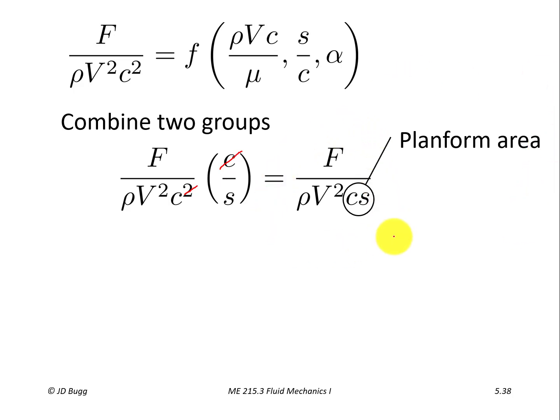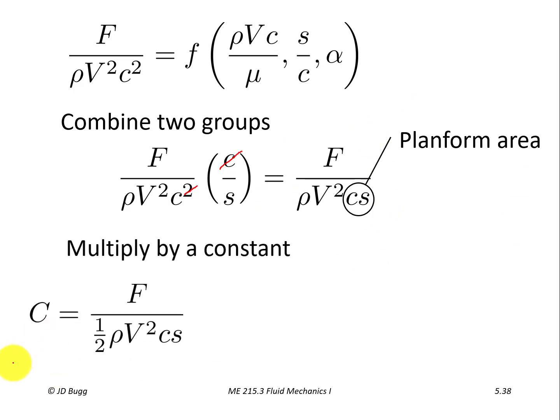So the last thing we need to do to this is multiply by a constant, and that's 1/2 again. So we get our drag coefficient here is the drag force divided by the dynamic pressure, 1/2 rho V squared, multiplied by the plan form area, CS. So that's how the drag coefficient would be expressed in aerodynamics.